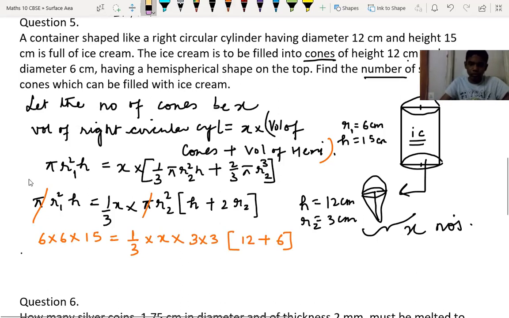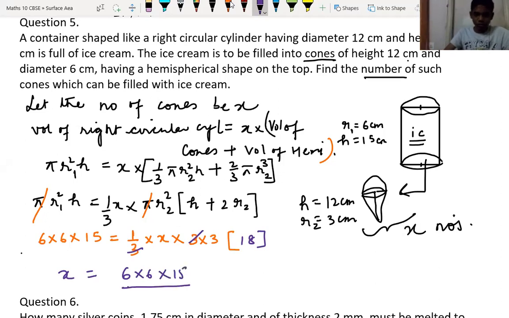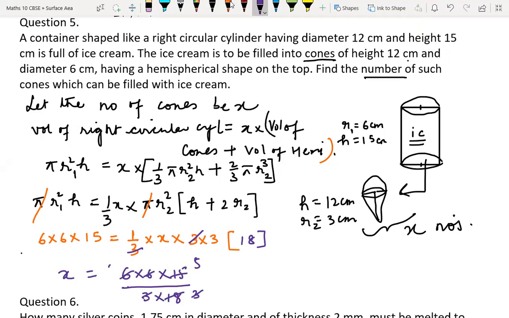So I'll put 18 directly. Now 3 and 3 will get cancelled. So x is equal to 6 into 6 into 15 divided by 3 into 18. Now 3 fives are 15, 6 threes are 18, and 3 twos are 6.